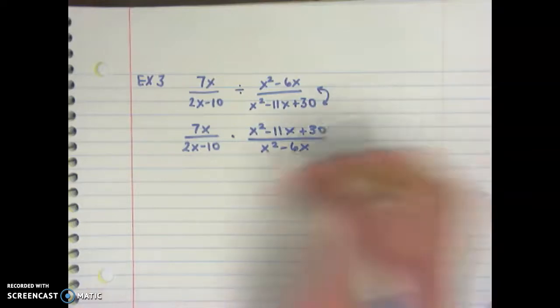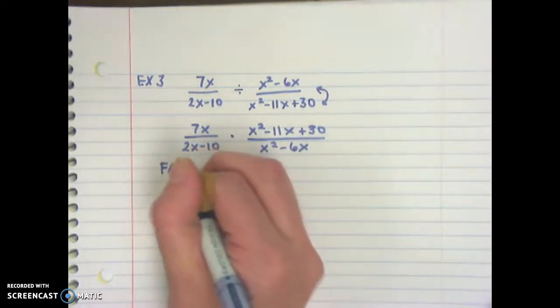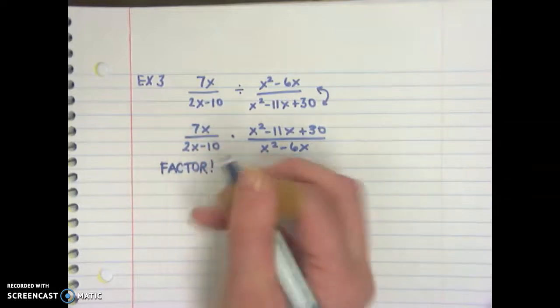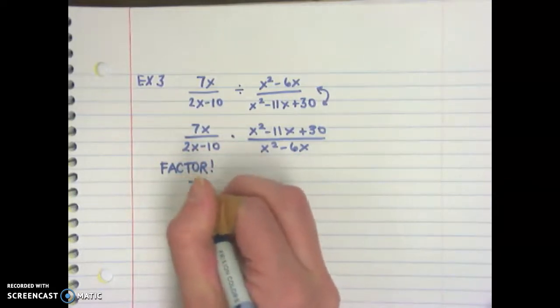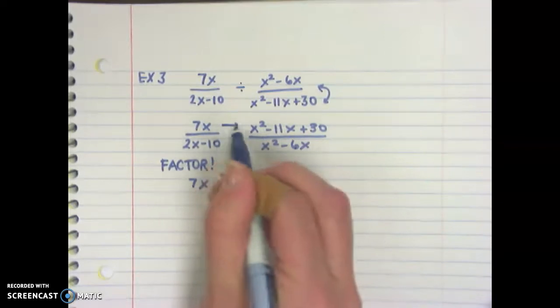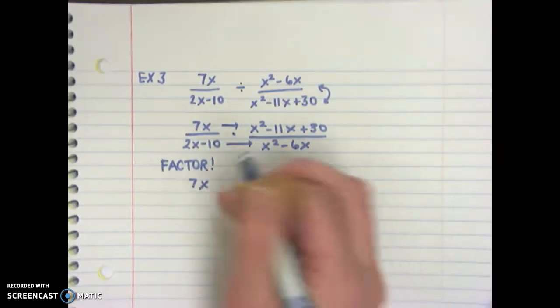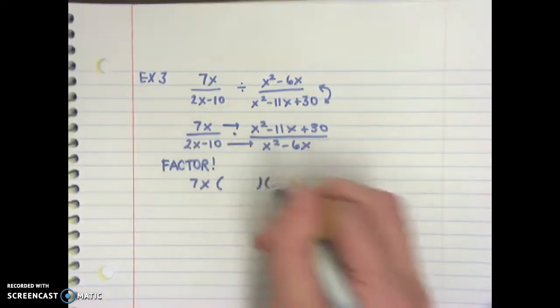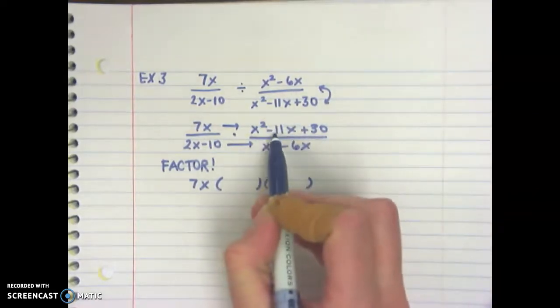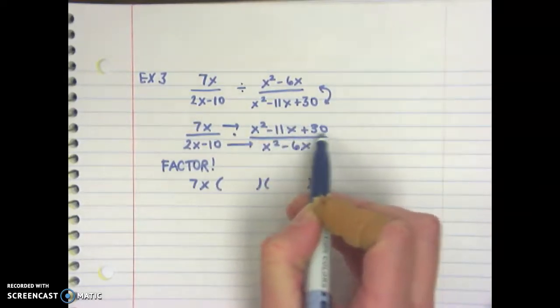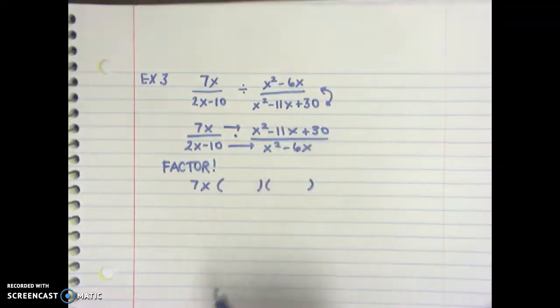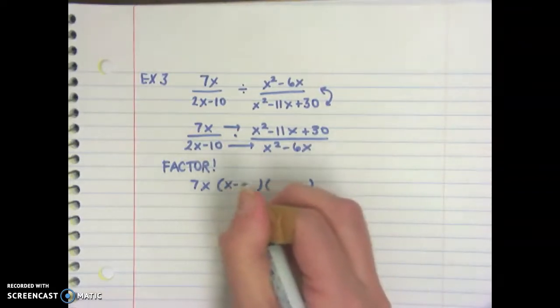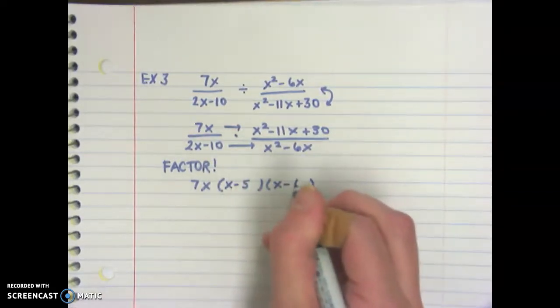In order to do that, I'm going to factor first, just like we did in examples 1 and 2. So I have 7x, and I'm actually going to do the 2 steps at once, multiplying straight across and factoring. So x squared minus 11x plus 30. Two numbers that multiply to 30 and add up to negative 11 are negative 5 and negative 6.